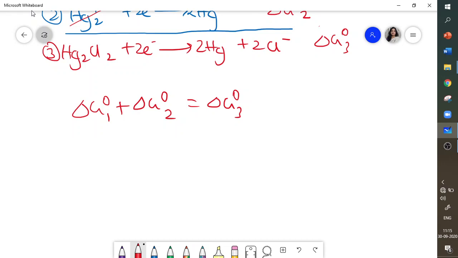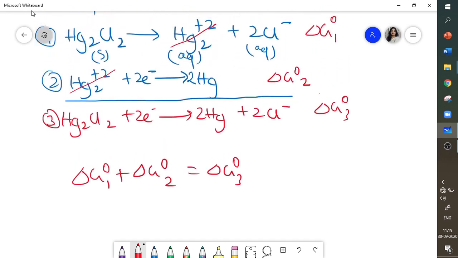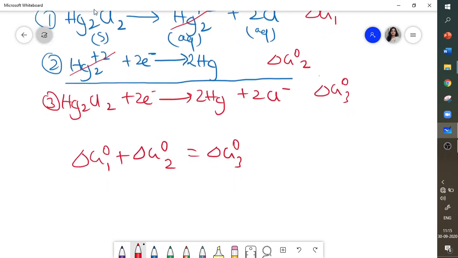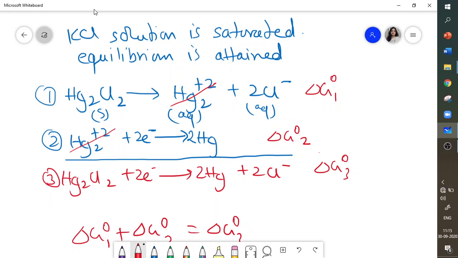Now you see in this, delta G naught 1 is simply the ionization. The first one is the ionization equation. Because it is a sparingly soluble salt, for delta G naught 1 I can write minus 2.303 RT log KSP.